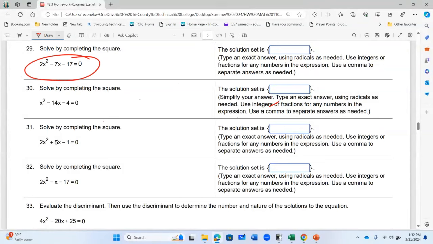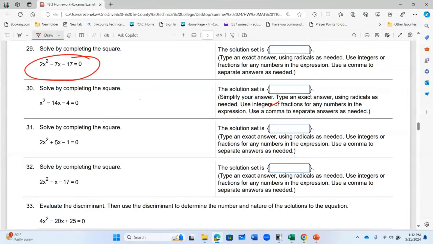So the first thing you want to do is to divide all through by the leading coefficient. And that's what I'm going to do here now. Divide all through by the leading coefficient. I have x squared minus 7 over 2 x minus 17 over 2, divided by 2, sorry, is equal to 0. Next thing I'm going to do is throw the constant to the right hand side.